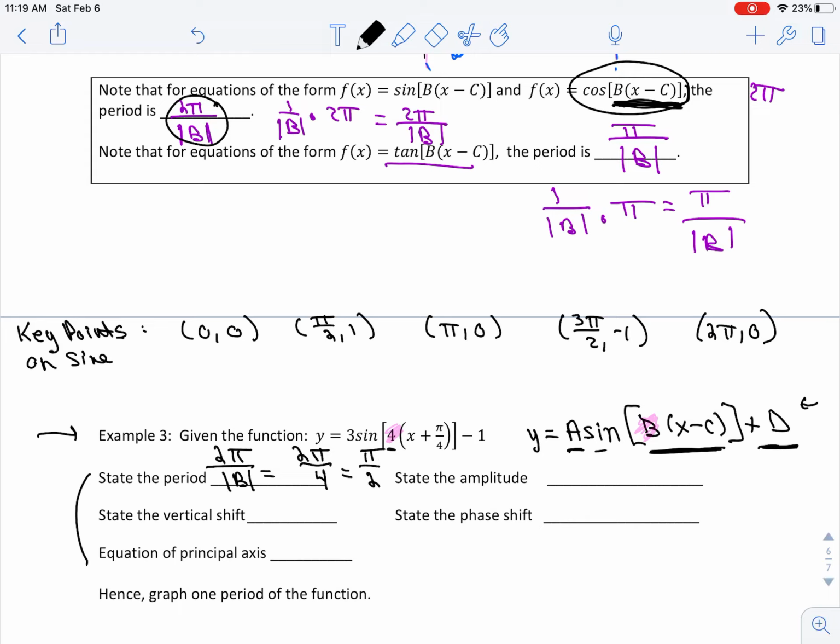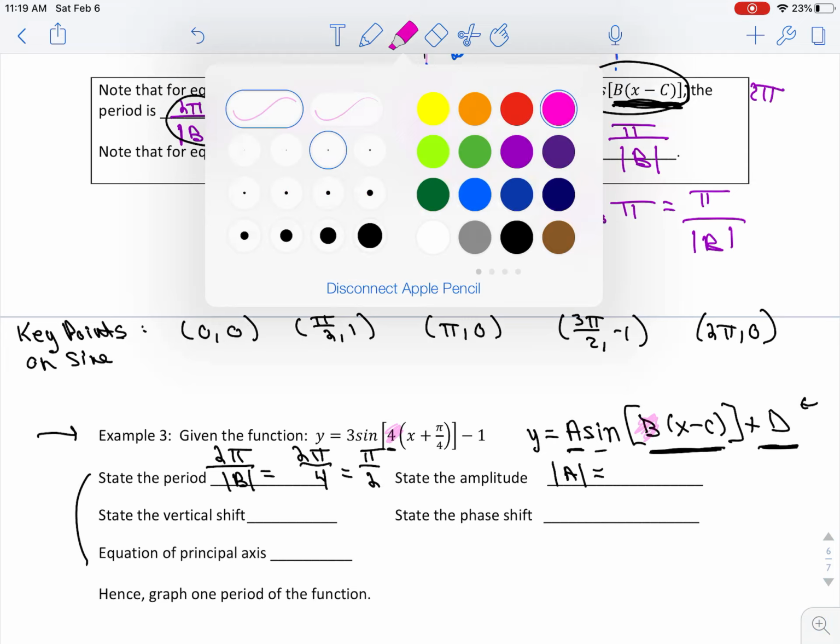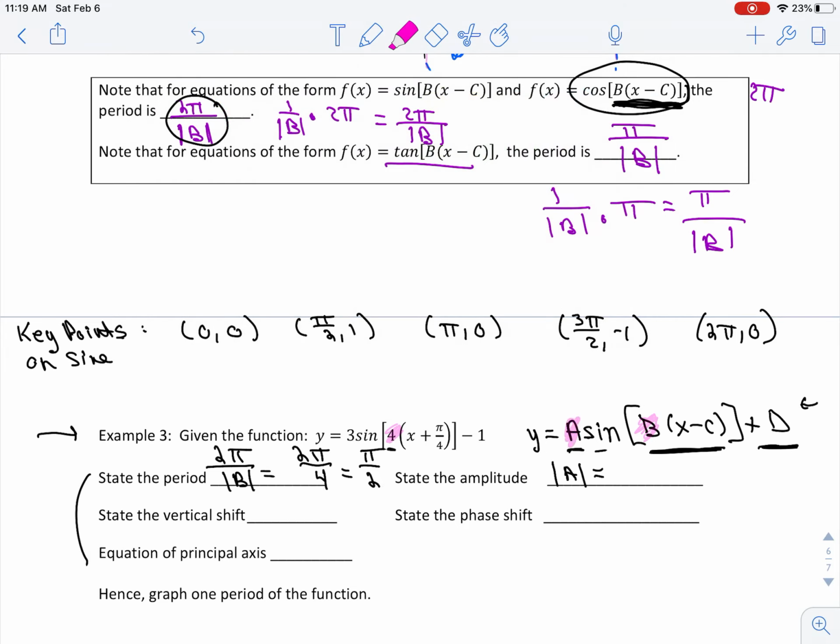The amplitude, remember from a previous page, amplitude is the absolute value of a, and a is the leading coefficient right here. And so that's the 3. So the amplitude of this one is 3. And then the vertical shift is going to correspond to the d right here, which is minus 1. So we're going to say that this is down 1.